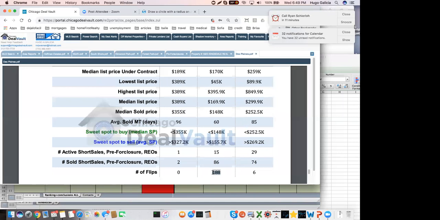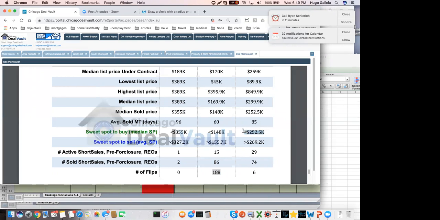So if you want to do flips in Des Plaines, it's going to be awesome, because even look at the market time. You buy a condo in Des Plaines, you're going to sell it for top dollars within 2 months. Okay, and you can do the same thing for a single family home, but obviously the entry point is a little bit higher, right?